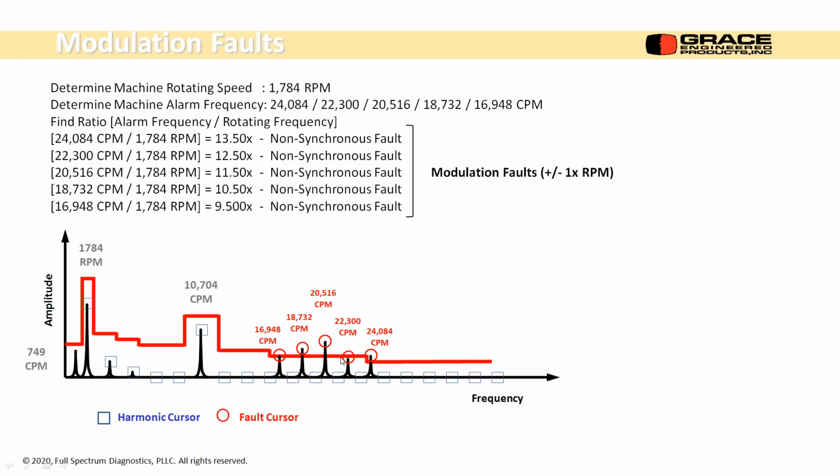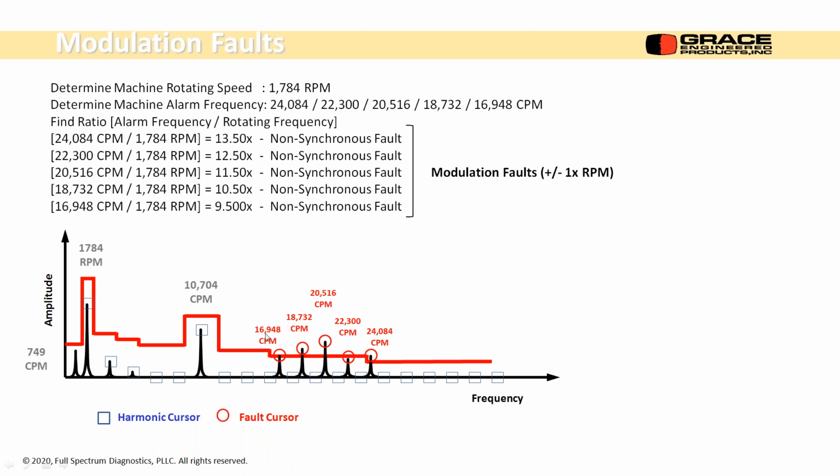So I start doing the same thing with all the other peaks. Divide them by turning speed. I have 13.5, 12.5, 11.5, 10.5, and 9.5. They're all non-synchronous, but they're all separated by turning speed frequency. So 20,516 minus 1784, I get 18,732.